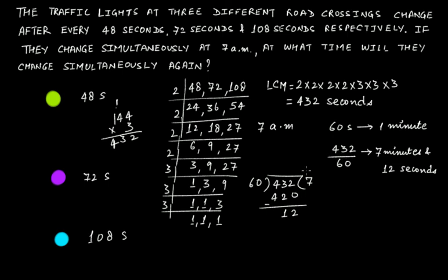So in this case, first they change at 7 am, and they will again change after another 7 minutes and 12 seconds. Okay, that is 7 minutes and 12 seconds past 7 am.